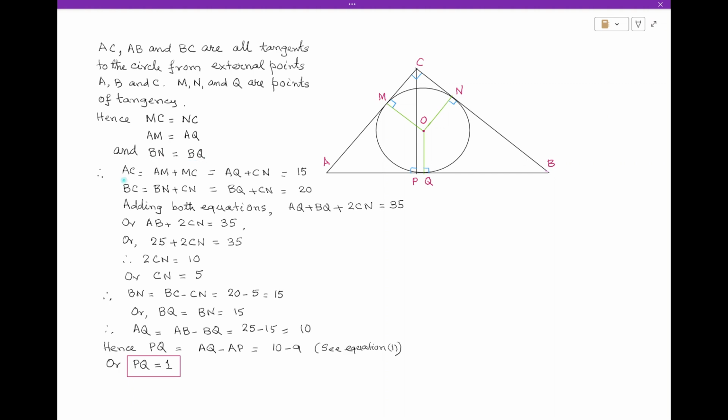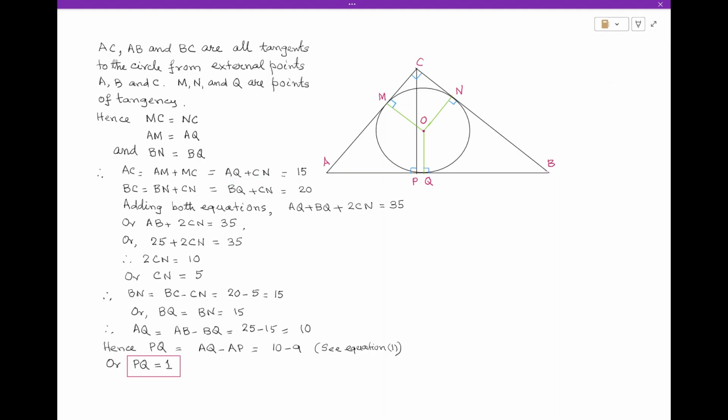Now, AC is equal to AM plus MC. But AM is equal to AQ and MC is equal to CN, and we know the value of AC to be 15. Therefore, AQ plus CN is equal to 15.